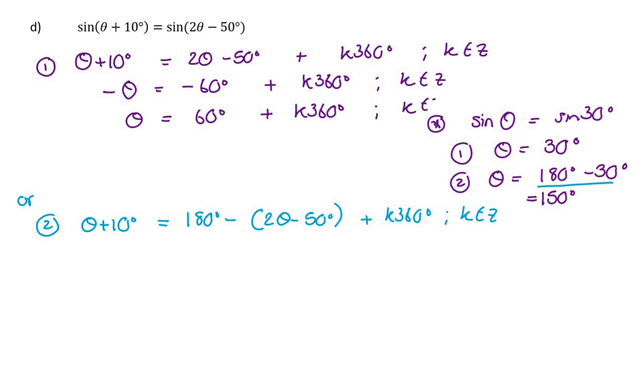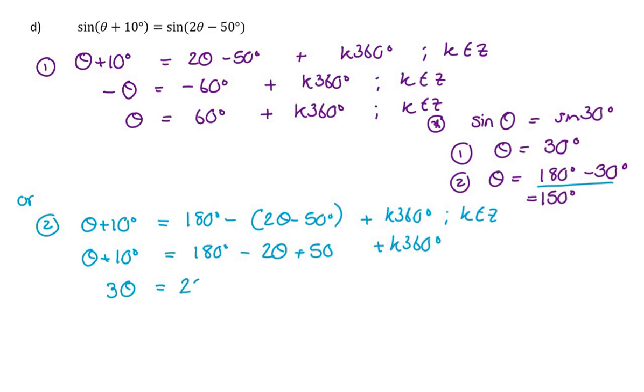So that wasn't too bad. And the next one, a little bit more tricky, because you have to do some multiplying out, some distribution. So 180 minus 2 theta plus 50 plus k360. So I'd add 2 theta to both sides, so I get 3 theta. 180 plus 50 is 230.